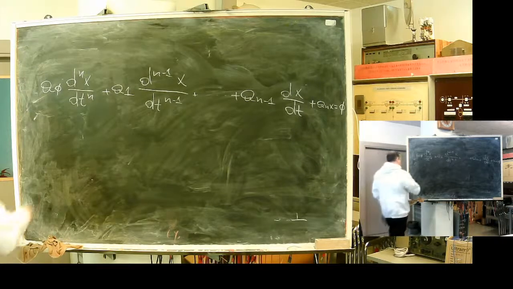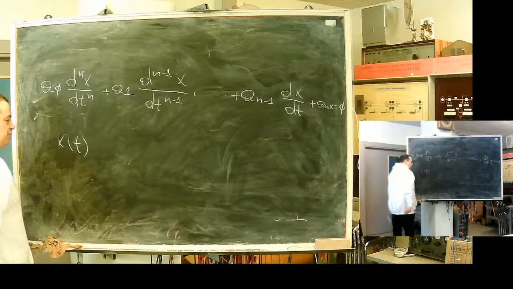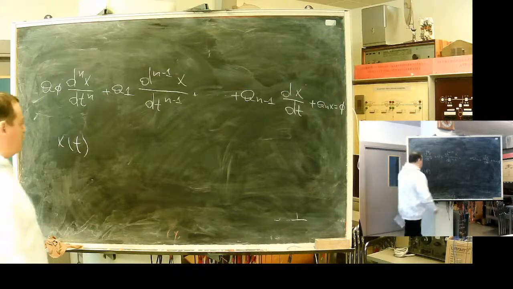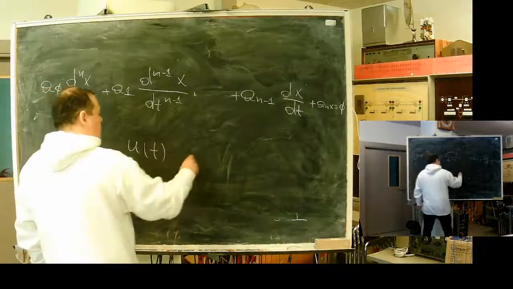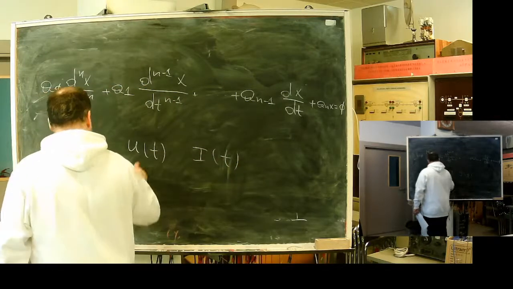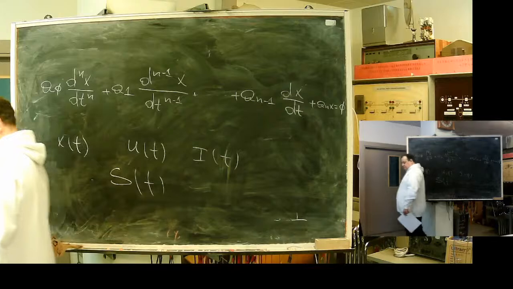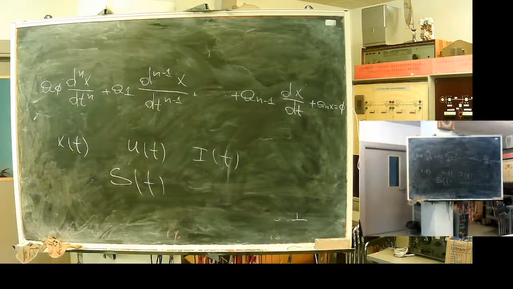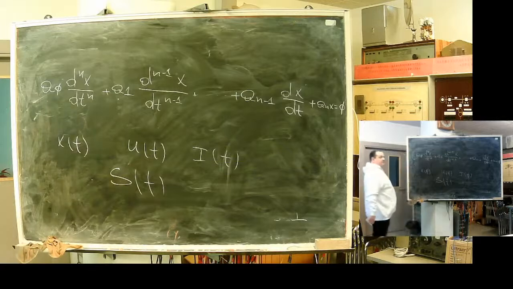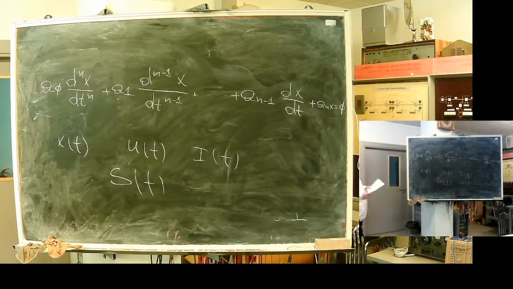Something like A0 times the n-th derivative of x, plus A1 times the n minus 1 derivative, plus, I'm lazy, and so on, plus An x equals 0. Here x is a function of time, what is called the process variable in control theory. It may be voltage or current. It's actually some signal. And we have a set of coefficients describing the system.